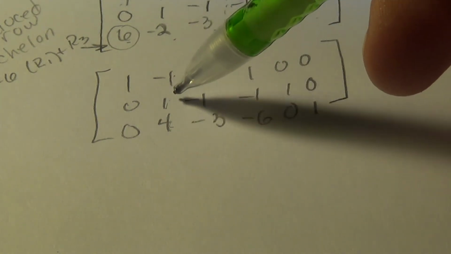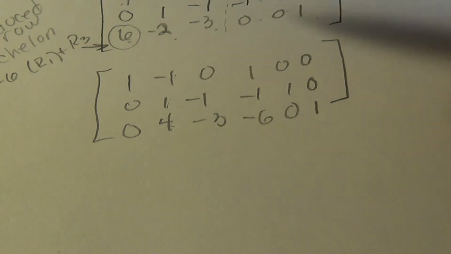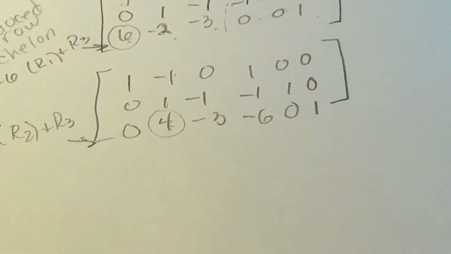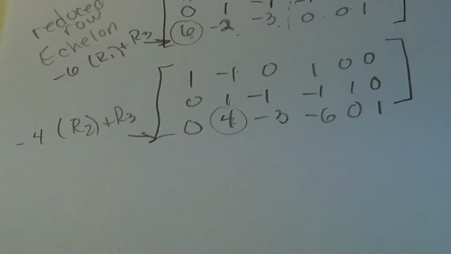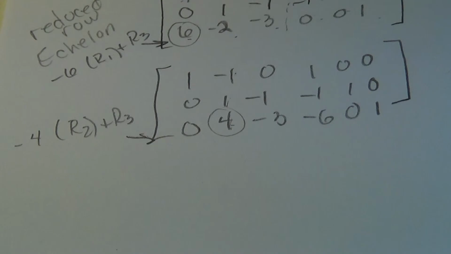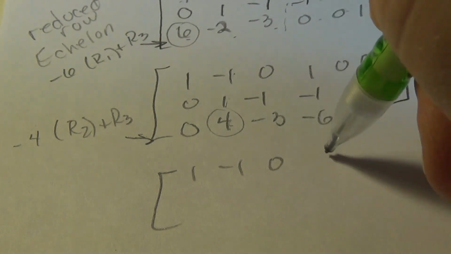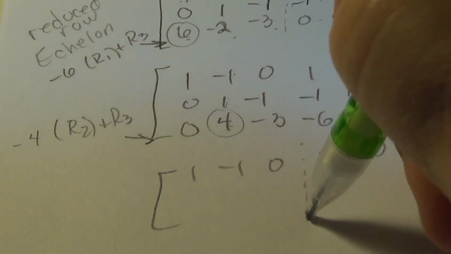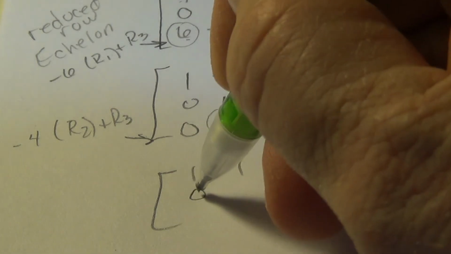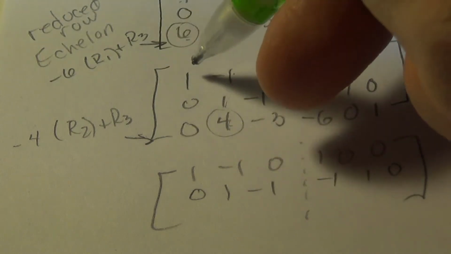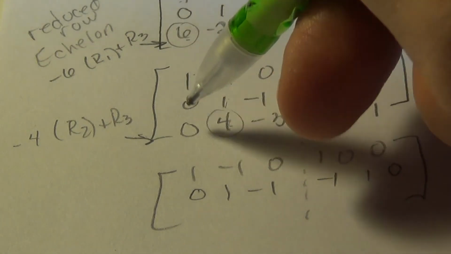I don't think it matters which one we do first, since we're used to doing the ones below. I think I'll do negative 4 times row 2, add it to row 3. So I'm working on this element. I'm going to replace row 3. Negative 4 times row 2 plus row 3. All right, so 1 minus 1, 0, 1, 0, 0. All right, then I get the second row in unchanged. And now negative 4 times row 2 plus that.